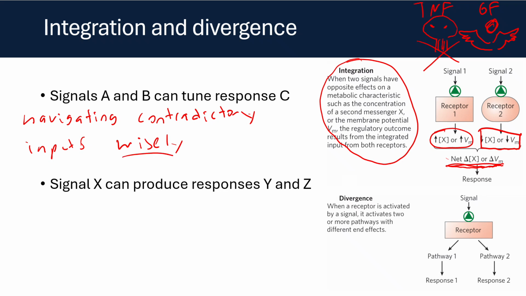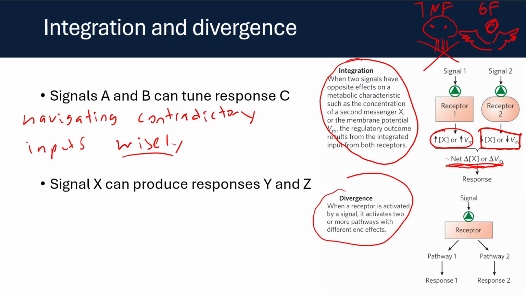As for divergent signaling, which is when a receptor gets activated and it generates many simultaneous responses, well, I think glucagon is a great example of that. We learned about glucagon, right?